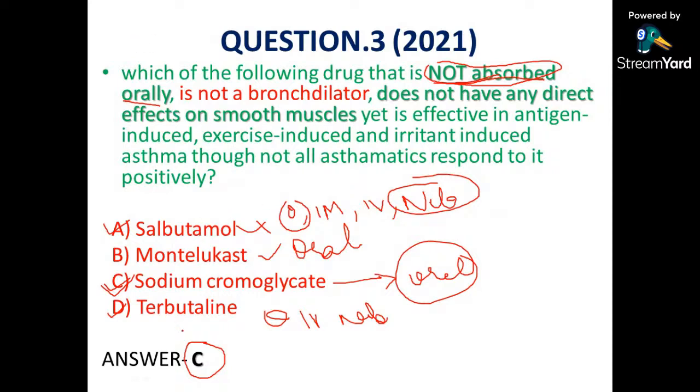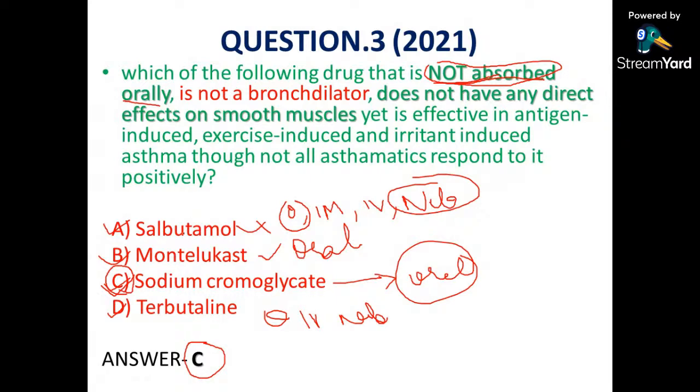And here it is not a bronchodilator. Actually, salbutamol and terbutaline both are bronchodilators, and montelukast and sodium chromoglycate both are not bronchodilators. It is an indirect bronchodilator, but still. So here C is not a bronchodilator, so it is satisfying this sentence also, and it does not have any direct effects on smooth muscles. Yes, sodium chromoglycate does not have direct smooth muscle actions because it is neither dilating the smooth muscles of the bronchioles nor constricting.